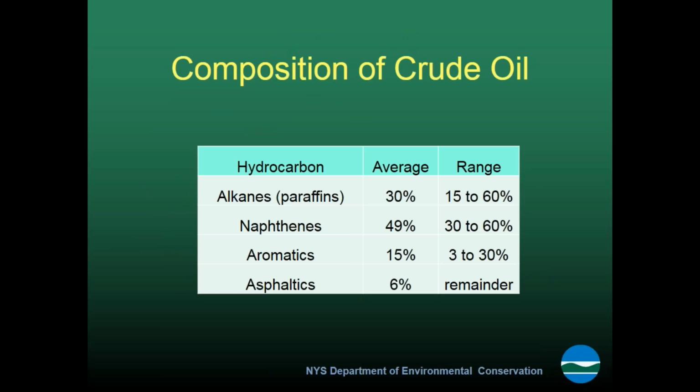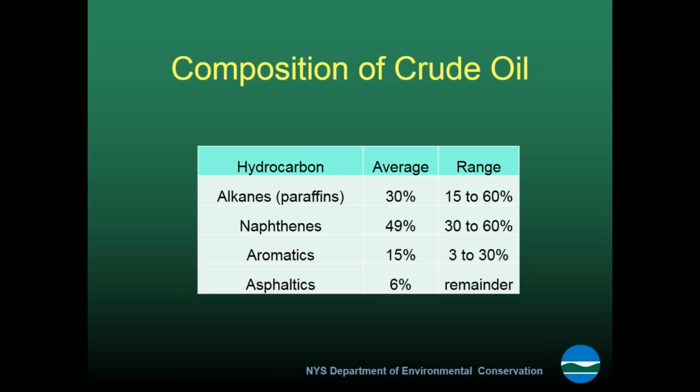So as the crude oil comes out of the ground, there's a fairly wide range of distribution of these component chemicals. The paraffins can make up anywhere from 15 to 60% of the crude oil. Naphthenes may be anywhere from 30 to 60%.